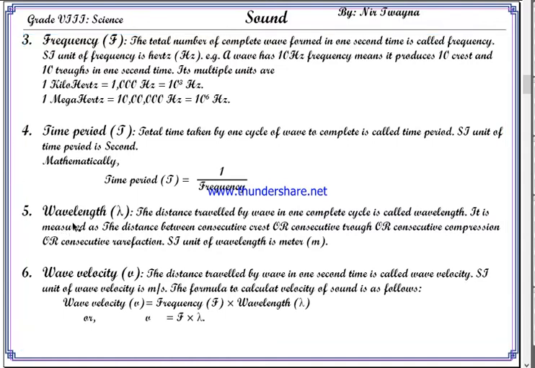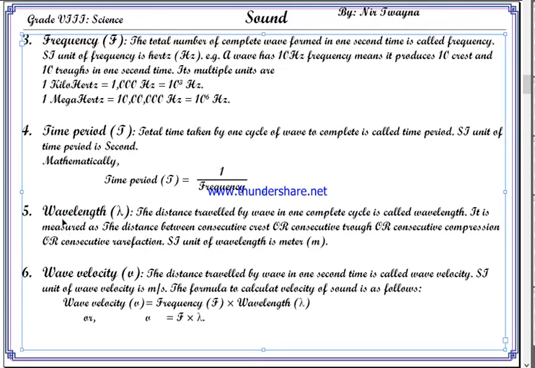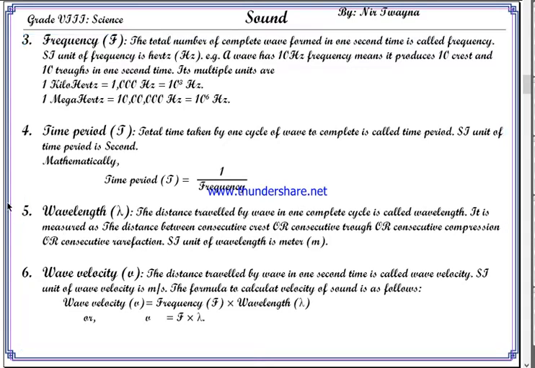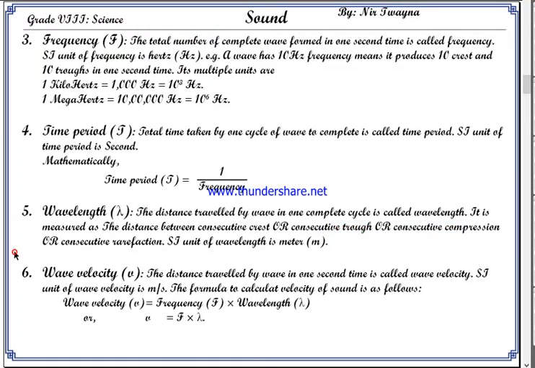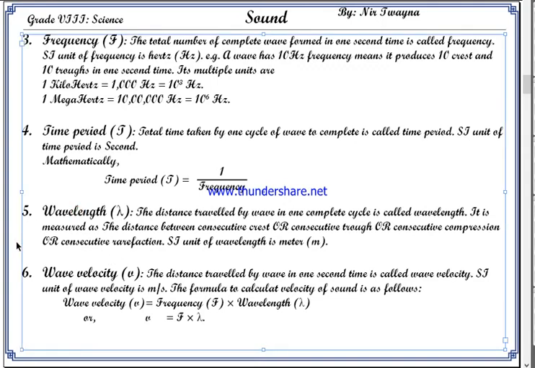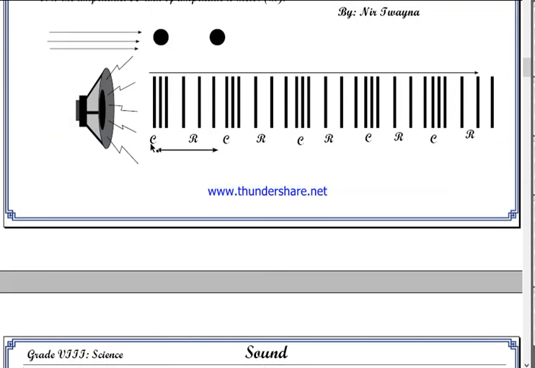The next term you need to know is wavelength. The term suggests the length of a wave, or how long a distance one complete wave will travel. That is known as wavelength: the distance traveled by one wave in one complete cycle. In this case, compression starts from here and rarefaction ends here.